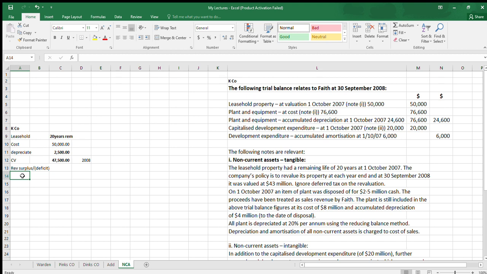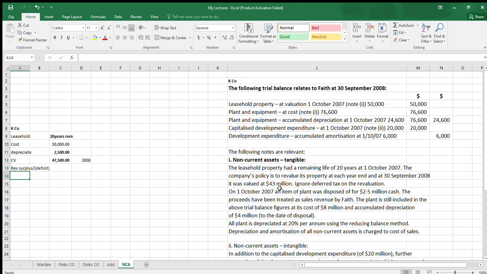After the revaluation surplus or deficit, looking at the question, it said that the company's policy is to revalue its property at each year end, and at 30th September 2008, that is the time that you are reporting, it was valued at 43 million. So we ignore the three zeros.